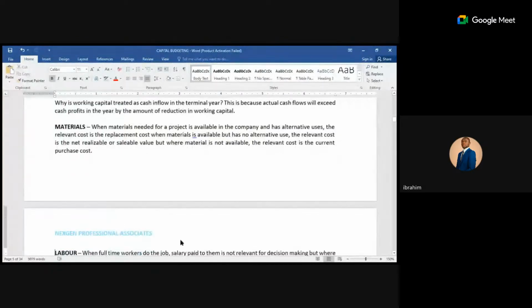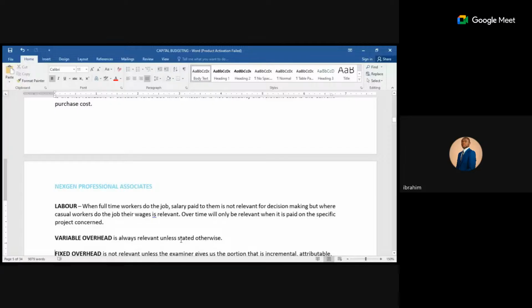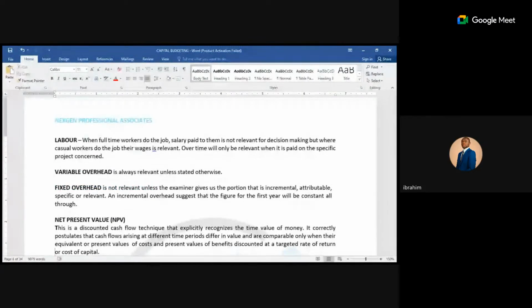Now, having explained this, we have the labor. When labor is full-time, the salary they pay is a committed cost. It is not relevant for decision making.